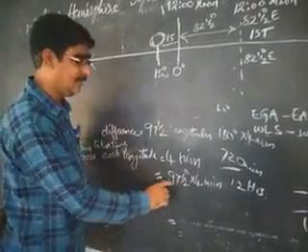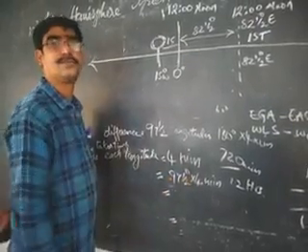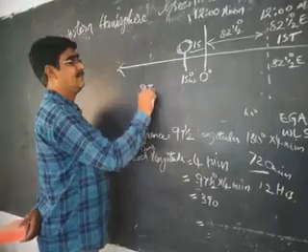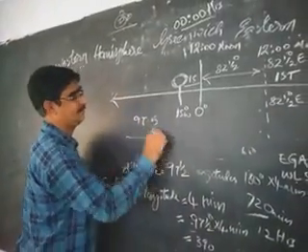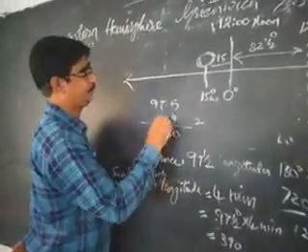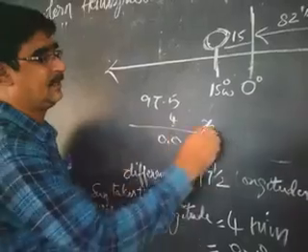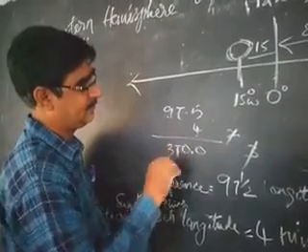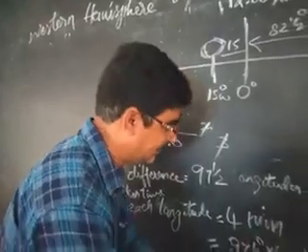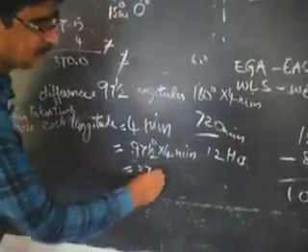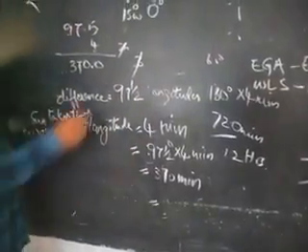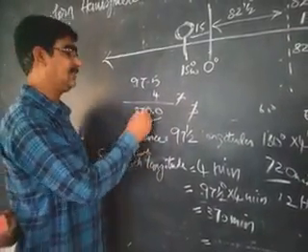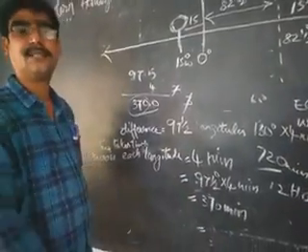So 388, plus 2 for the half, 390. Sorry, let me recheck: 370 minutes. The 0 after the point is not valid, so we will consider 370 minutes.